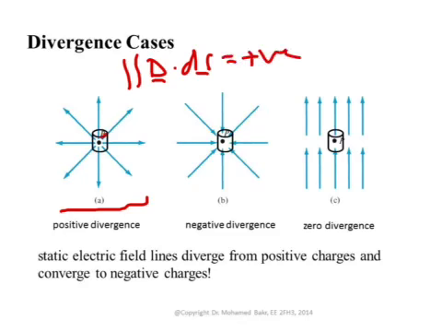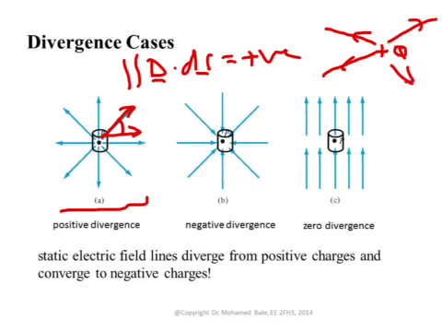Because all the field lines make an angle less than 90 degrees with the normal to the surface. So D dot dS will give you a positive answer in all three parts of the cylinder: the side wall, the top wall, and the bottom wall. So here we can say that there is a positive charge, and this is actually what we have in electrical engineering. Later you will know that if you have a positive charge at one point, the field lines all diverge from that point. They start at this point in the static case.